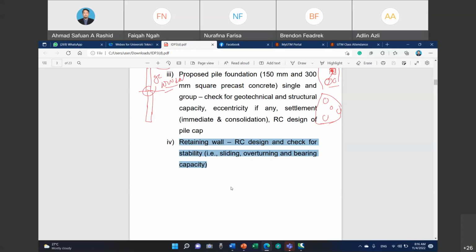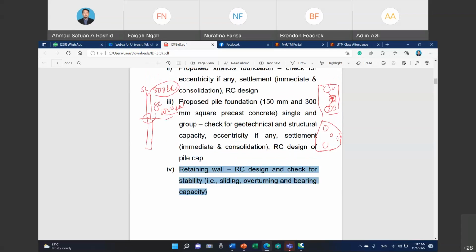So awak akan gunakan EC code kan, Euro code kan, EC7 untuk geoteknik, untuk RC EC apa? EC2.